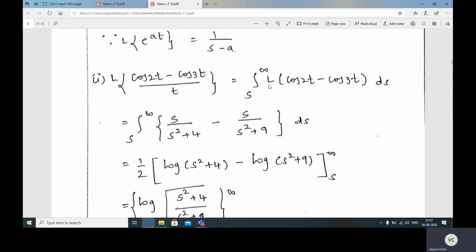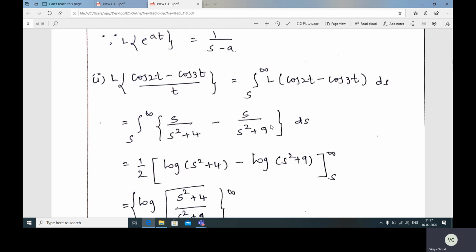Or else we can write this as f bar s, both are same because f bar s is equal to the Laplace transform of a function. So our function f of t will be here cos 2t minus cos 3t. So Laplace transform of cos 2t is s divided by s square plus 4 minus Laplace transform of cos 3t is s divided by s square plus 9.